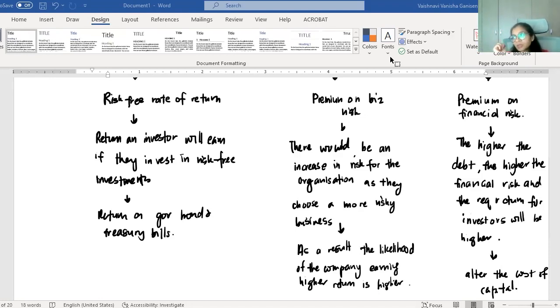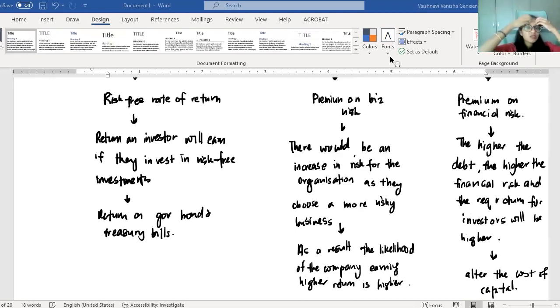Of course, abnormal behavior also may happen. But when you talk about the normal behavior, when I say normal behavior, what do I mean? So what I actually mean is that for an organization, normally the cost of equity will be much higher than the cost of debt.